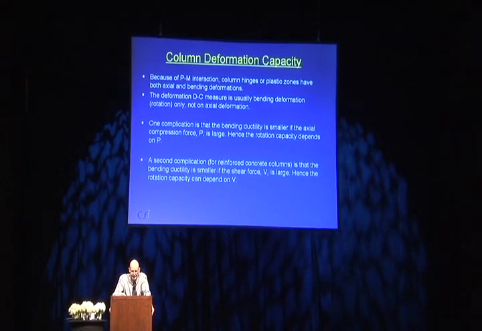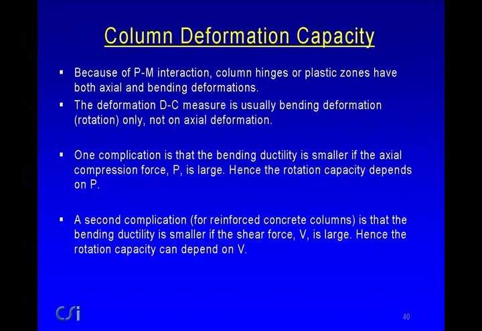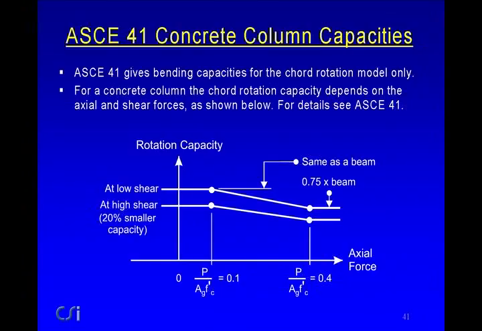A complication is that the bending ductility is smaller if the axial compression force is large. So the hinge rotation capacity depends on the axial force. And the second complication for reinforced concrete columns is it also depends on the shear force. And to some extent, Perform allows you to do this. I won't go into the details.